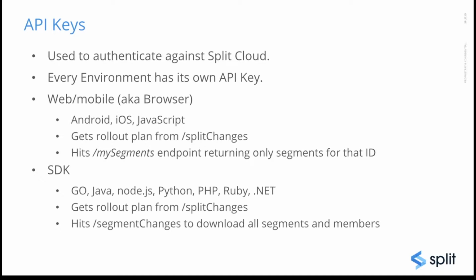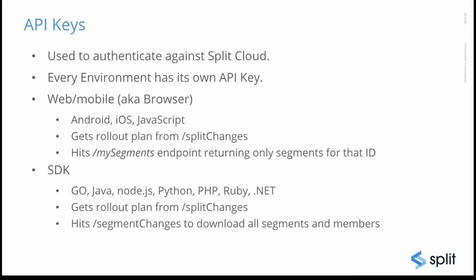For the API keys, every environment will have its own unique set of API keys. This way, when you initialize your SDK in every environment, it will have its own unique API key so that we don't mix production and staging.